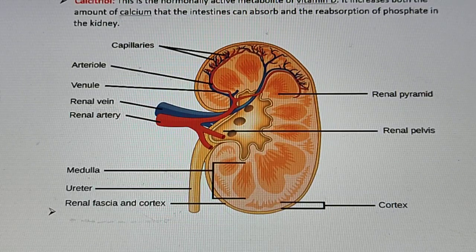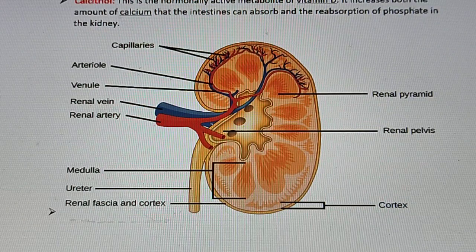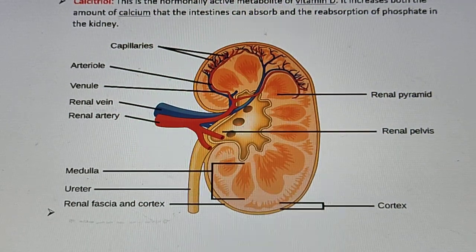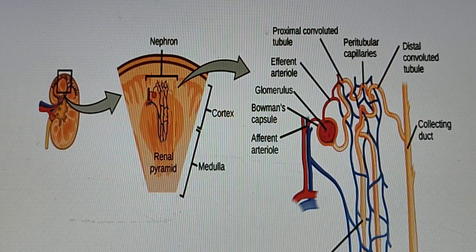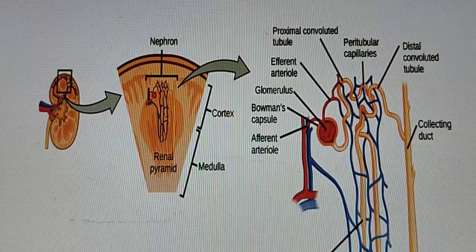There's a drawing of the kidney, and you can see all the components or the parts inside the kidney. Just take a look at it, guys. This is how the kidney empties into the bladder. From the kidney into the nephron, these are inside the kidney, and inside the nephron we have the Bowman's capsule and the loop of Henle.